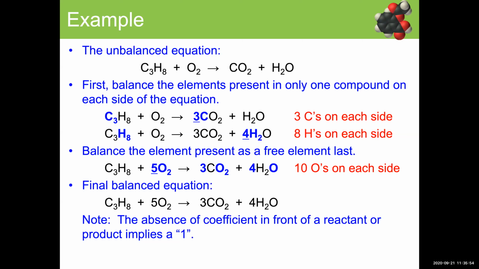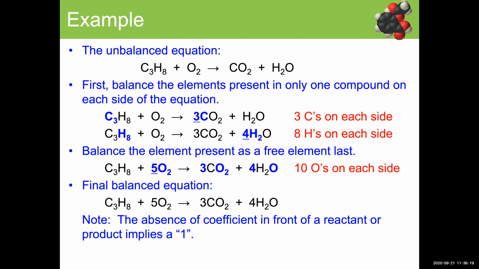So 3 times the 2 oxygens tells us there's 6 oxygens coming from there. The water has a coefficient of 4, so 4 times 1 is 4. So we had 6 oxygens from the CO2, 4 oxygens from the water. That's a total of 10 oxygens on the right-hand side.